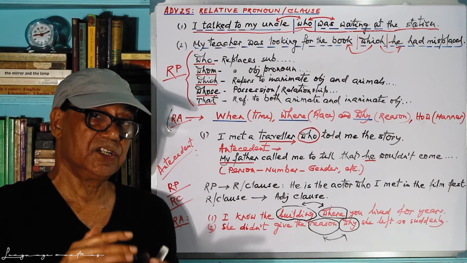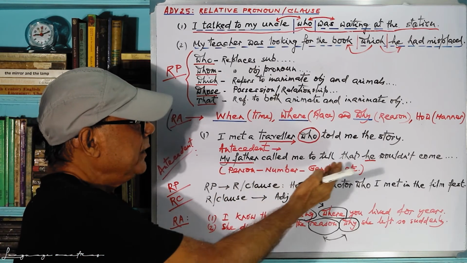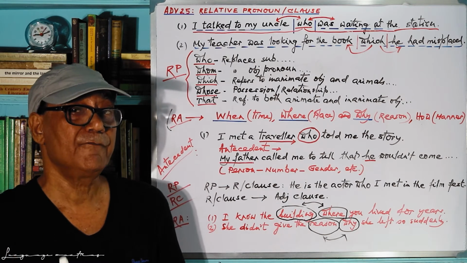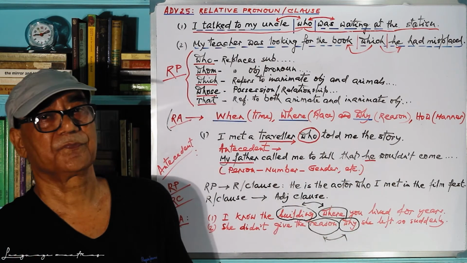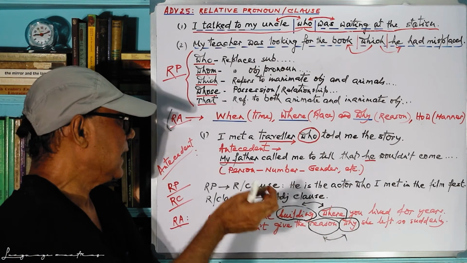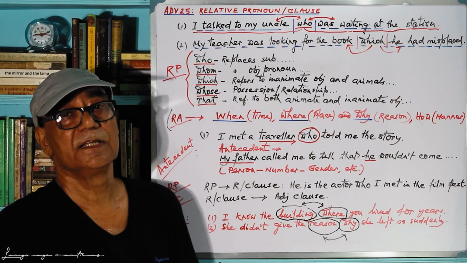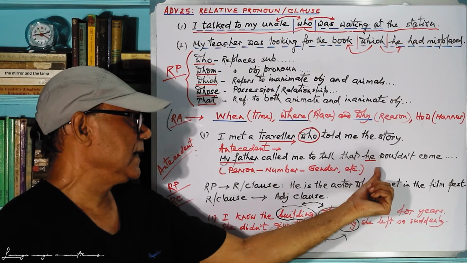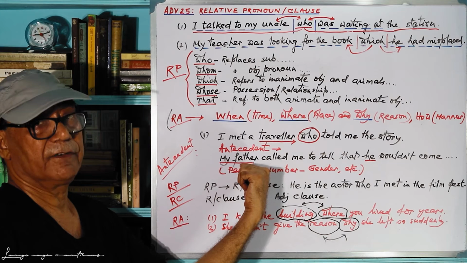Let's see antecedent in a different kind of sentence. My father called me to tell that he won't come for dinner. Now this he, who is this he? Until and unless I recognize my father as the antecedent of he, the sentence becomes meaningless. So this he refers back to its antecedent, my father.